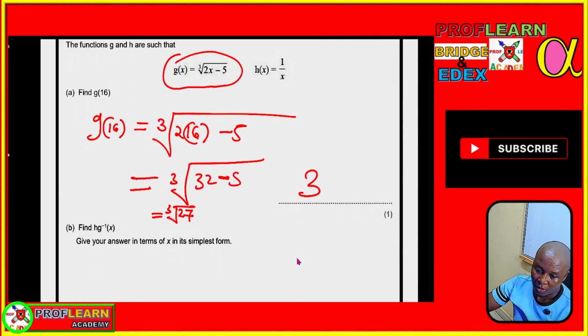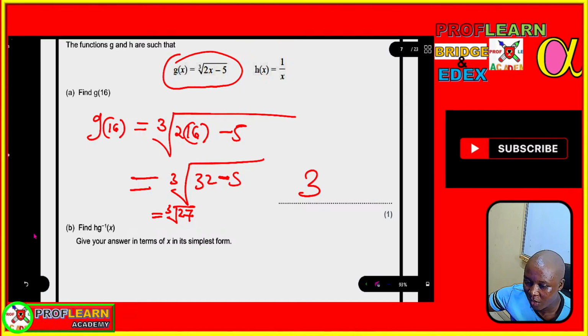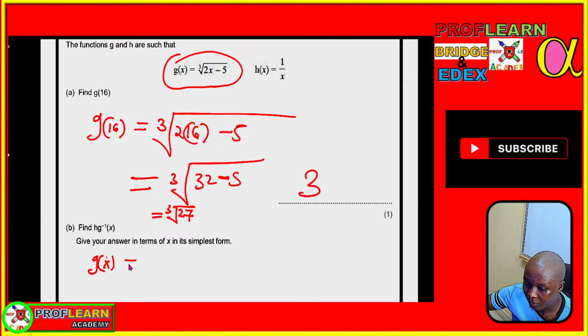Yeah, we are supposed to find hg inverse of x. So first we need to find g inverse of x. Basically here we know g of x is the cube root of 2x minus 5.